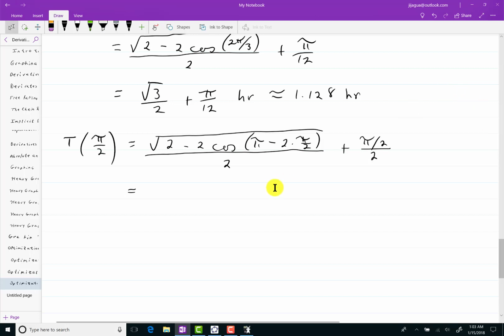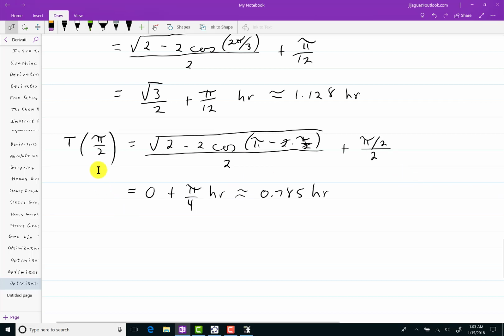So inside of here, the 2's cancel. It looks like pi minus pi, so you'll have cosine of 0. Cosine of 0 is equal to 1. So I'll have 2 minus 2 times 1. I'll have 0 in the first spot, and the second spot will be pi over 4 hours. And I happen to know that's approximately 0.785 hours.